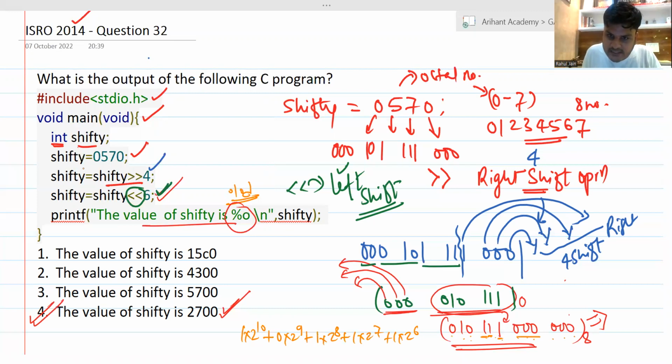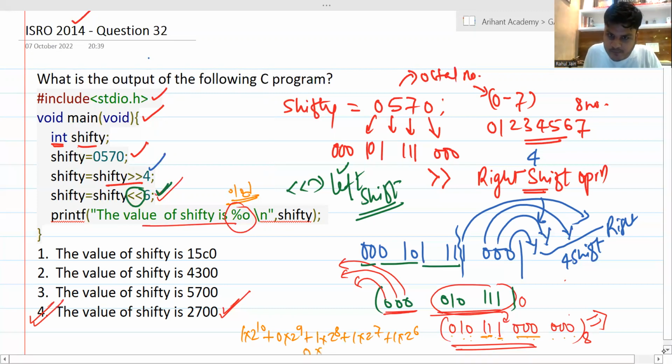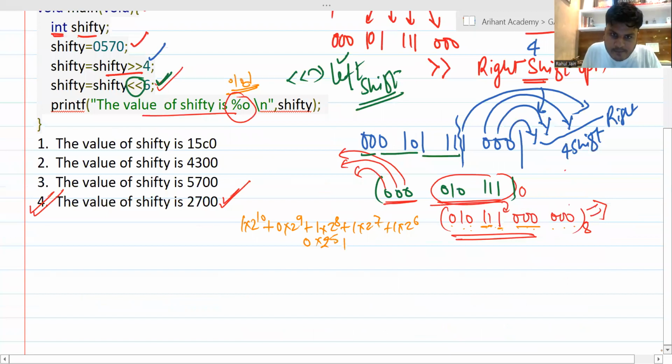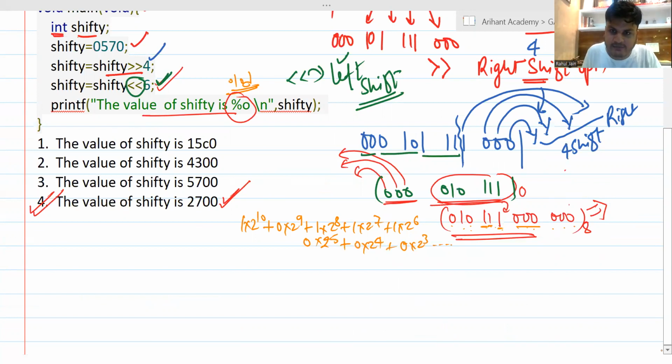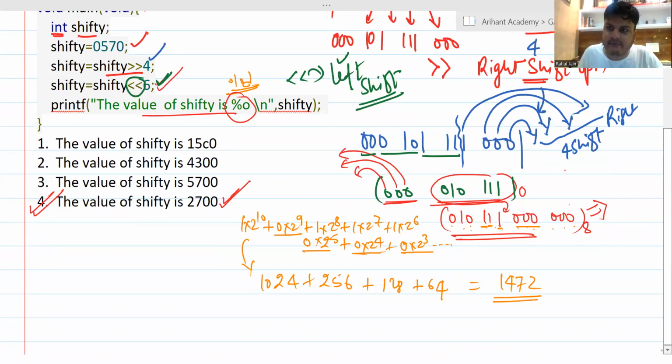And all the rest will be 0 into 2 to the power 5, plus 0 into 2 to the power 4, plus 0 into 2 to the power 3, and so on. So ultimately these will all be 0. Ultimately it is 1024 plus 256 plus 128 plus 64. If you add them, you get 1472.